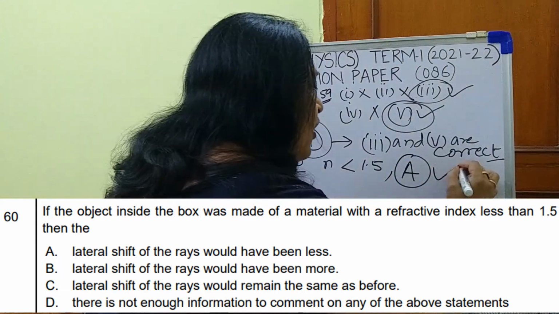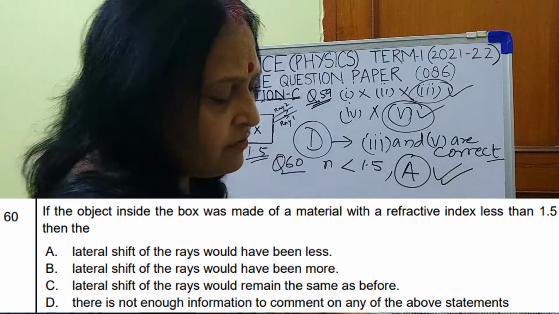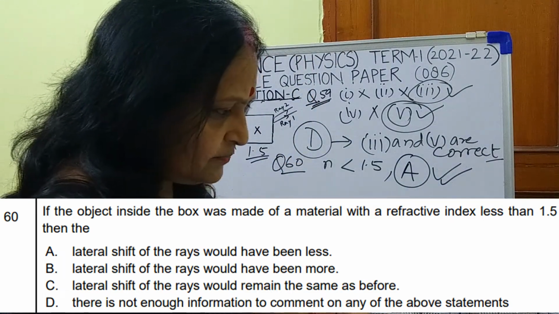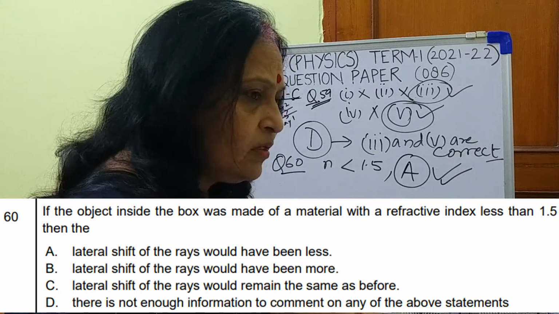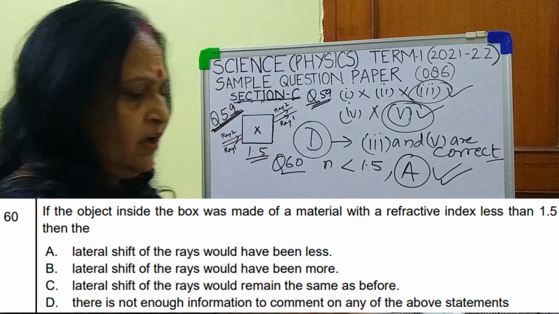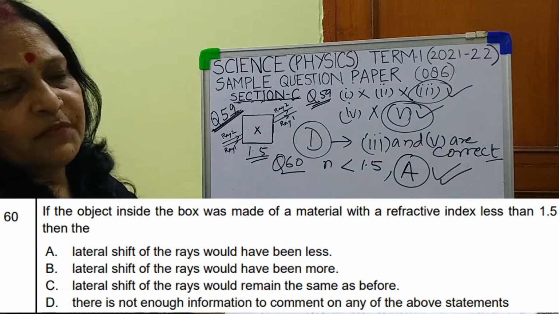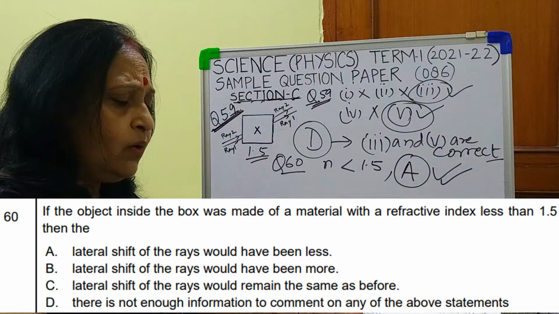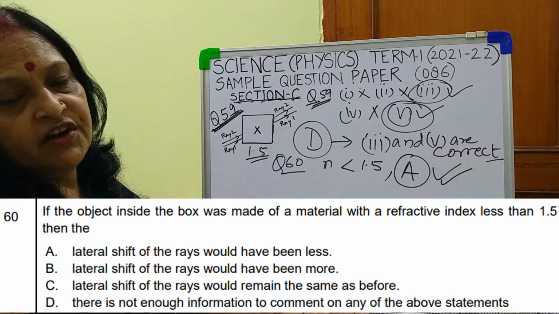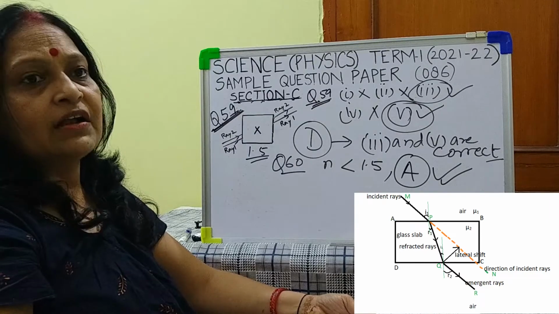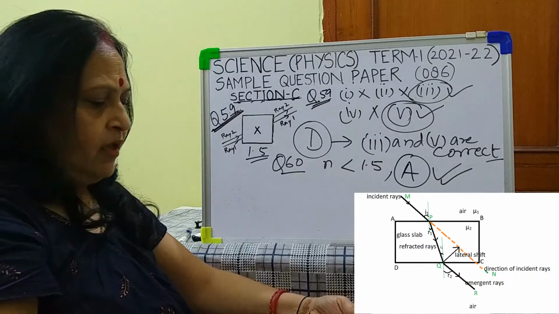For the lateral shift, I want to explain one thing. Whenever we talk about the lateral shift, what is lateral shift or lateral displacement? Basically, it is the perpendicular distance between the emergent ray and the incident ray, when the light passes out of the glass slab or the refractive medium.